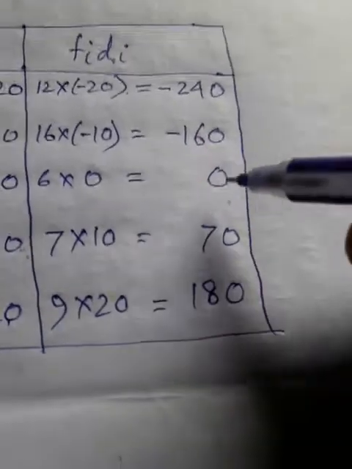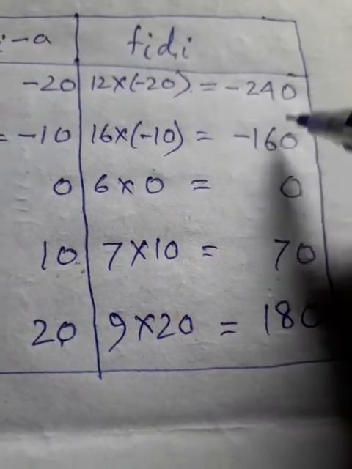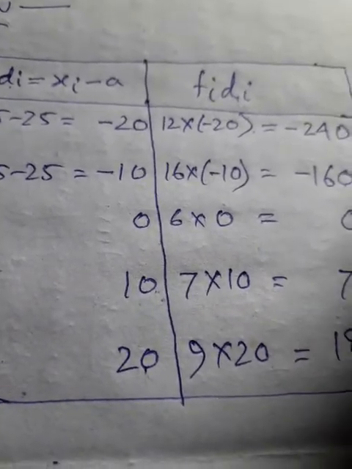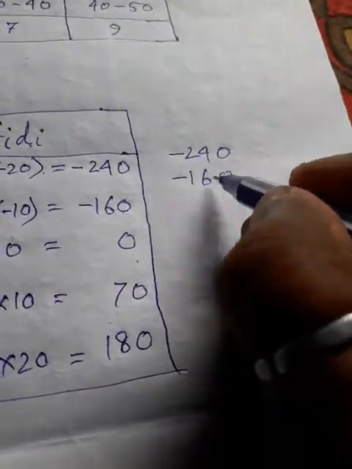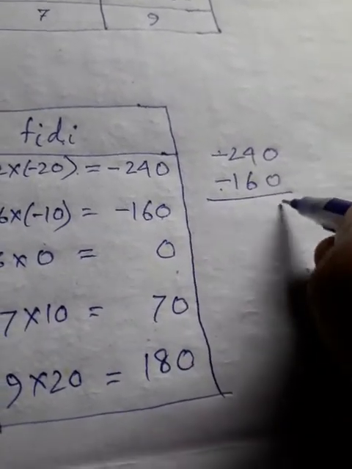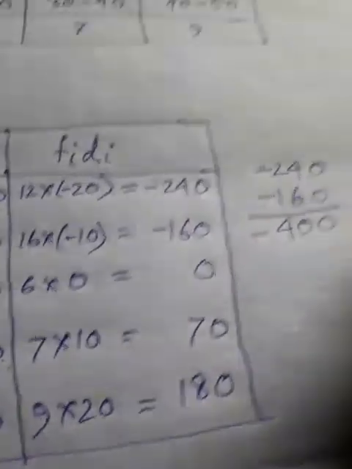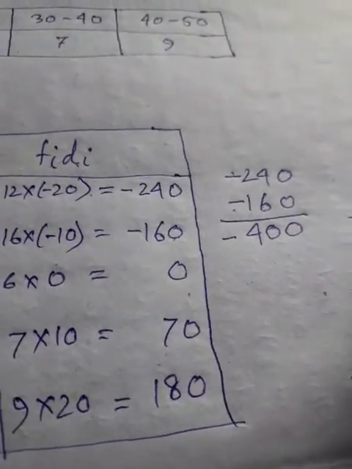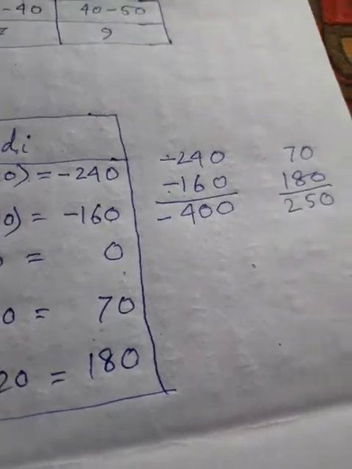Look here, above the 0 all are minus signs; you add these two separately, and below the 0 you add 70 and 180 separately. Minus 240 and minus 160 with the same sign give minus 400, and 70 plus 180 gives 250.